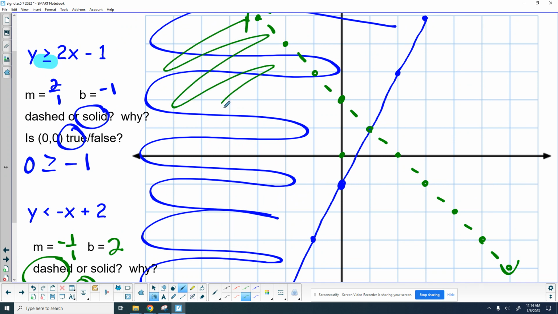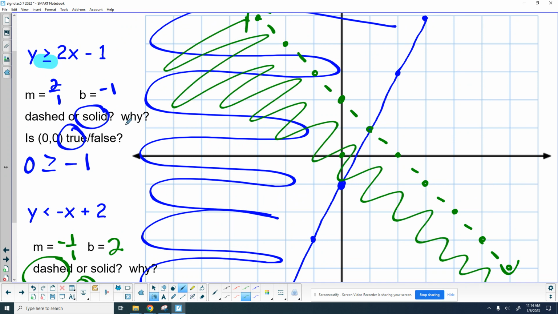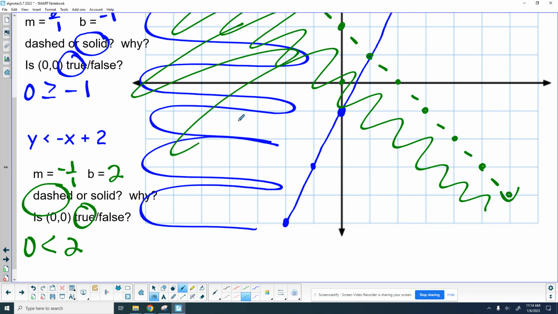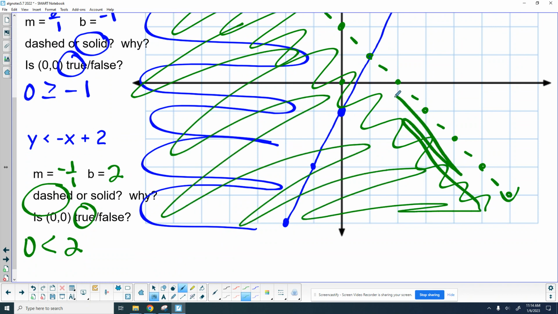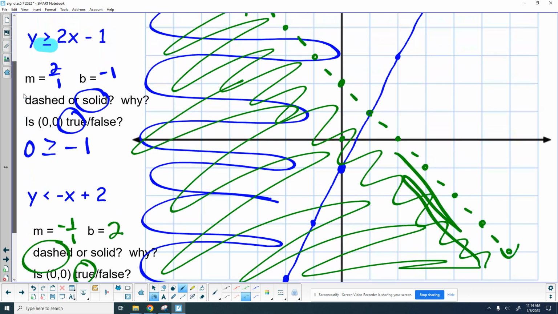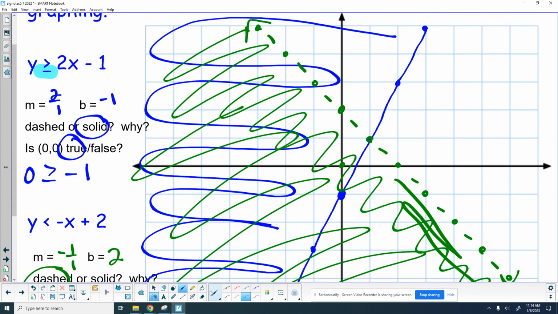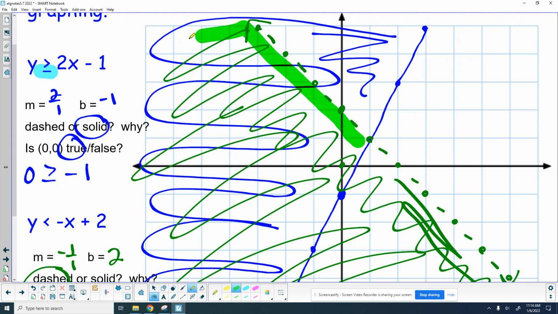So I'm going to shade all of the green one, including this part over here. And you can see that there is a double shading here. Here's my extra shading where the blue and the green are both currently at. So I can even highlight it so you can see it a little better. So this way, not including what's on that line.